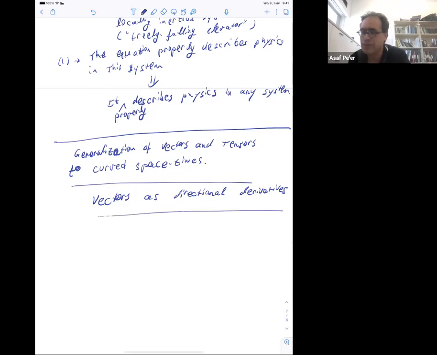The price we pay for that, when you think of it: if all the vectors belong to a given point, so they don't connect between different points, that means that we lost the concept of direction, which you're used to associating with vectors without even thinking too much. We have a vector pointing in the x direction and a vector pointing in the y direction.